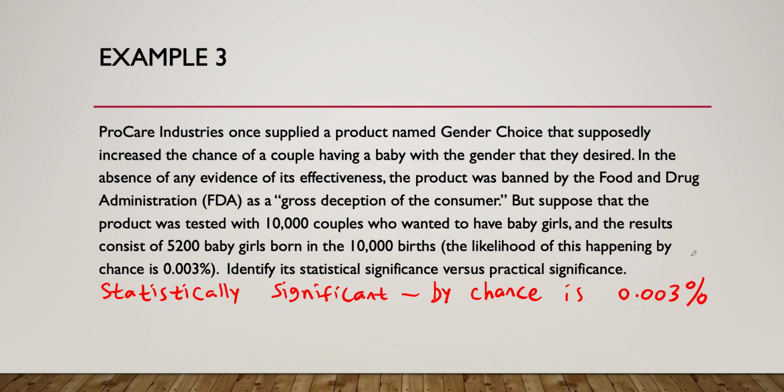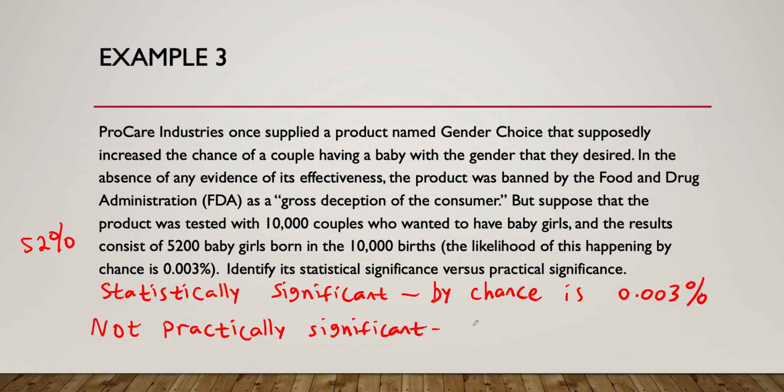But is it practically significant? The answer to that is going to be a no. Not practically significant. That being due to the fact that this made a 52 percentage of baby girls being born.